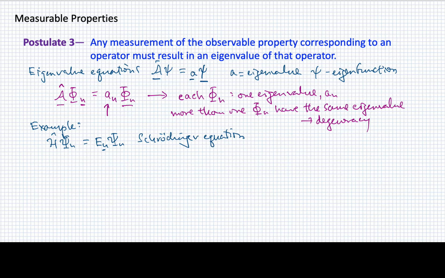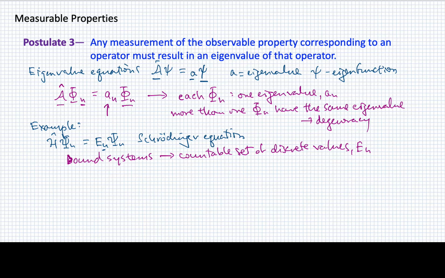All right, now what we have learned, at least in the initial stages here, is that if we have bound systems, these tend to have a countable set of discrete values for E, just as I've written it here.